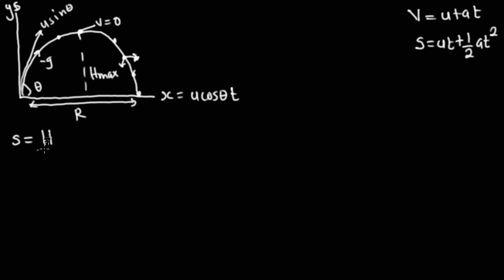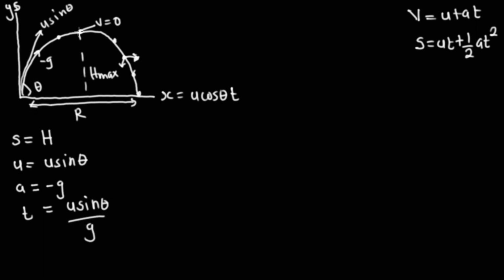The initial velocity is u sine theta. Then a is equal to negative g, because there was a negative g movement. Now the time it took to arrive at maximum height was already solved, and is given as u sine theta over g. So we are going to use that time.